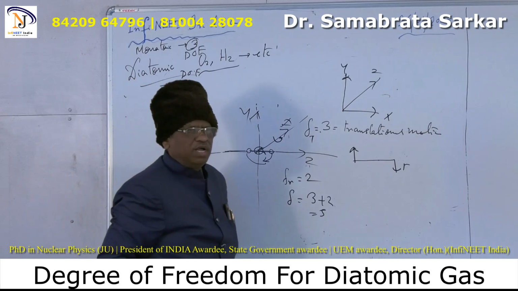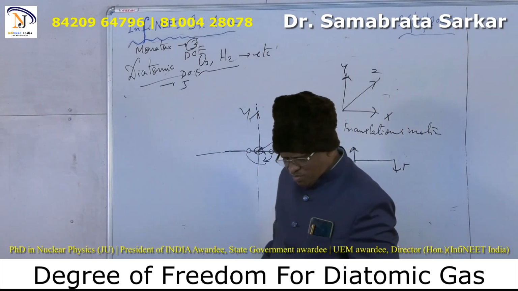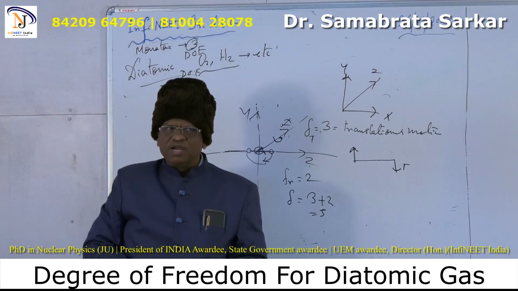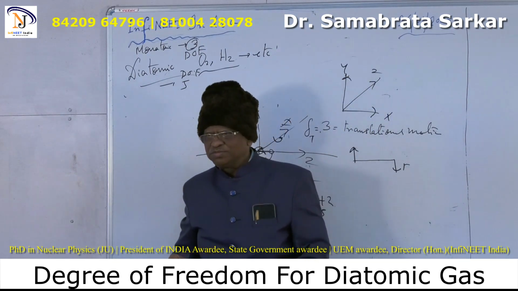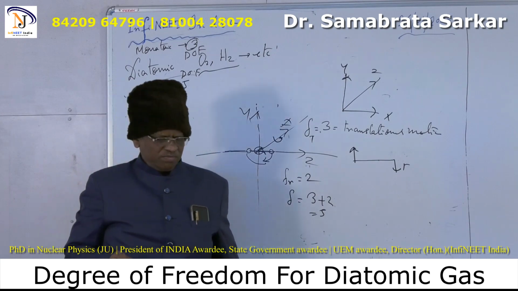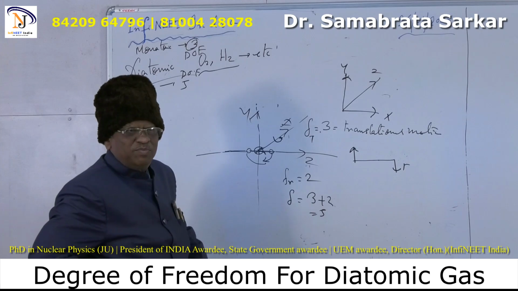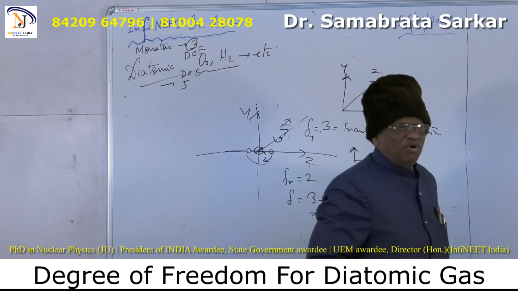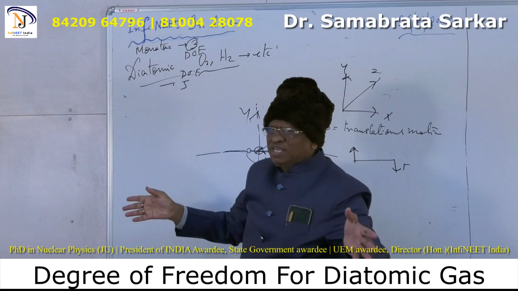Now another case will arise, that is polyatomic. When Brahma created us, foremost he created some gods. Thereafter, human beings. Also he applied brain. Thereafter, demons. Go and do what you like.